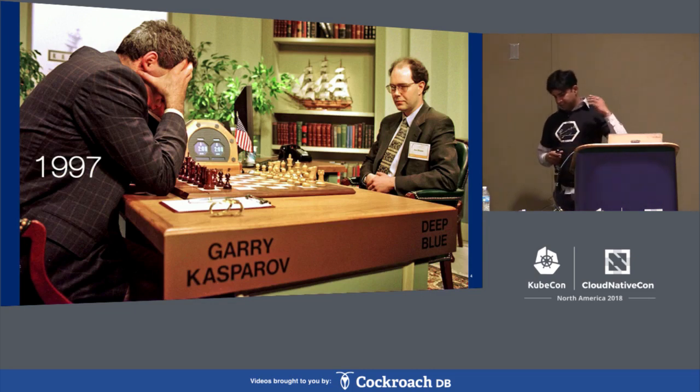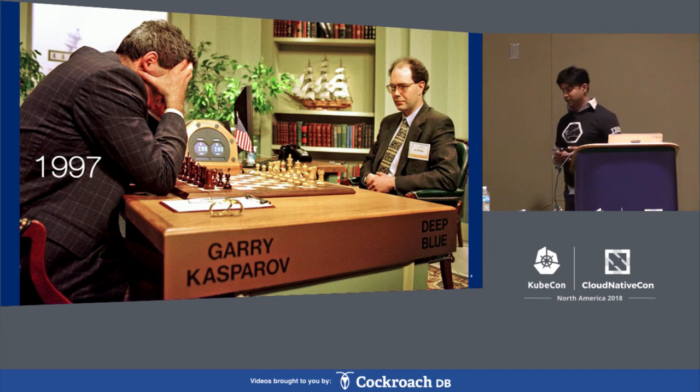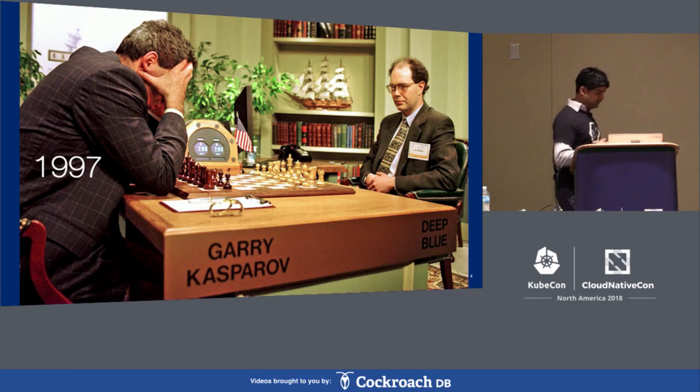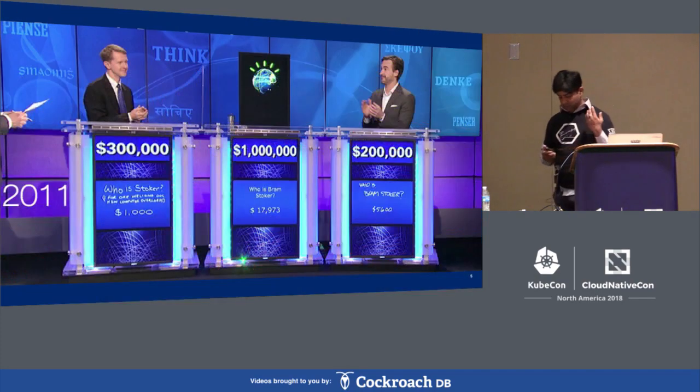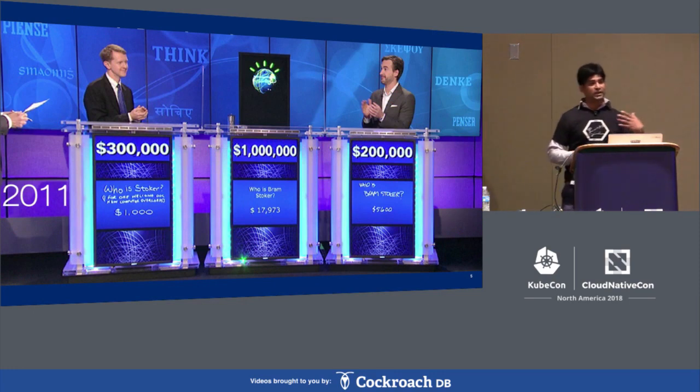For me, the first time I heard about AI in general was back in 1997, when I was in India, when IBM's Deep Blue beat Garry Kasparov in chess. That's when this whole notion of machine learning and artificial intelligence crossed my eyes. And then 2011 was another aha moment when Watson actually beat Jeopardy champions, right?